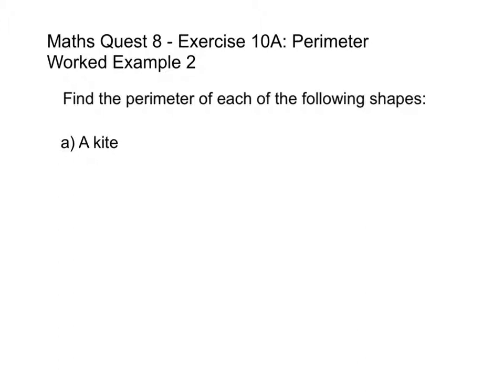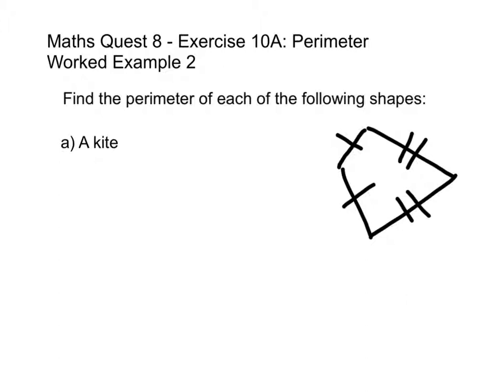So the first one is a kite. So that shape looks like this. And the length that we're provided with is that this one's 21 millimeters and this one is 15 millimeters.